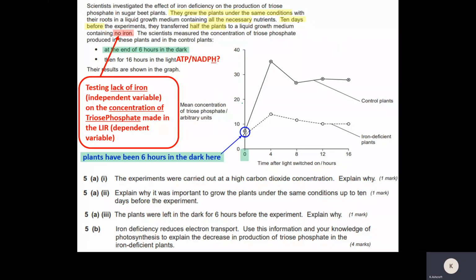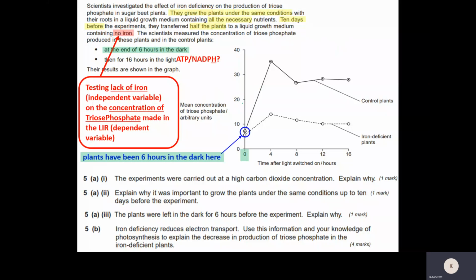That's the independent variable. So what we don't want is a low carbon dioxide concentration, because that could possibly interfere with the results. We wouldn't know if the changes in triose phosphate concentrations were due to the low carbon dioxide or the lack of iron. It would be a confounding variable.